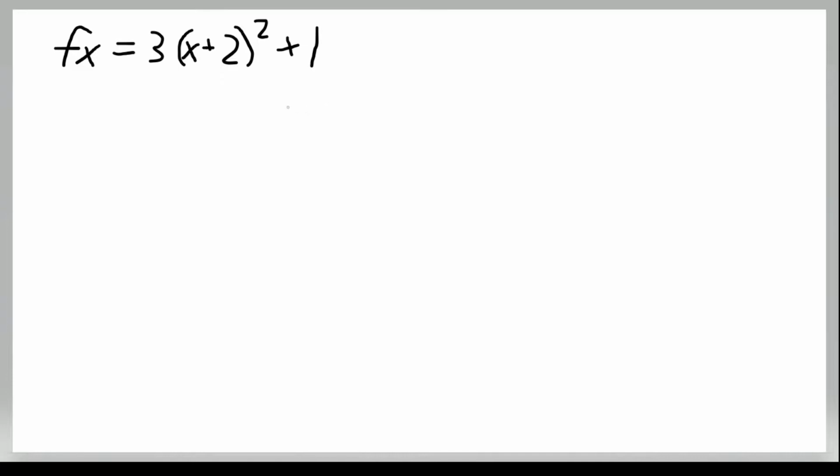Now, we're going to take this equation and put it into something that you can actually graph without a calculator. If you have a calculator, you can just plug that in and it'll give you the points. But this is how to solve for the points without a graphing calculator.